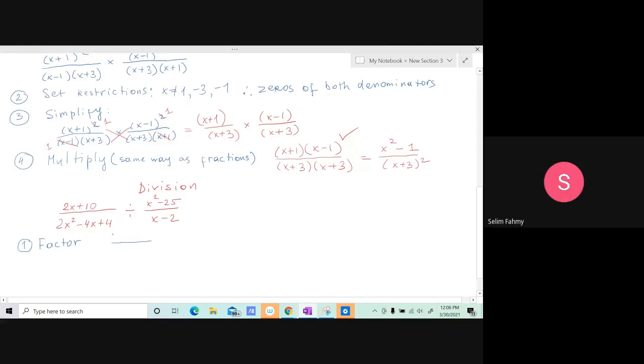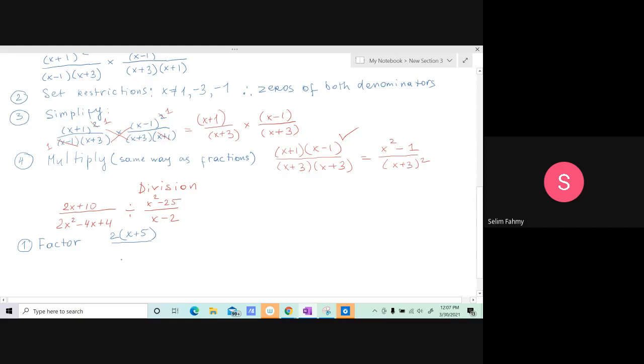The one, 2x plus 10, right? Just tell me how it looks. Greatest common factor, so 2, and then bracket x plus 5. Good. Guys, what about the one at the bottom?